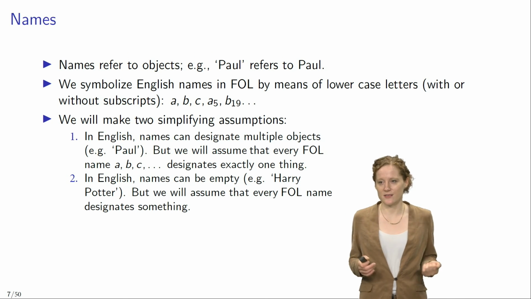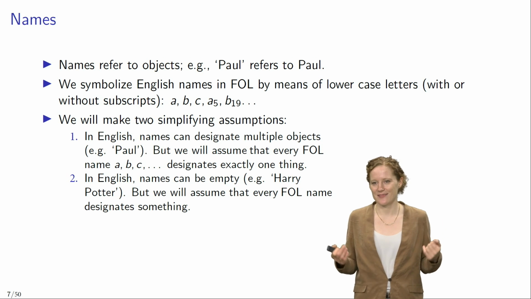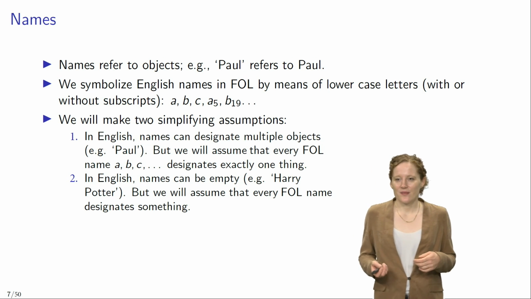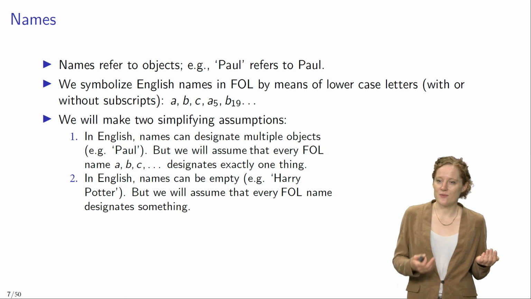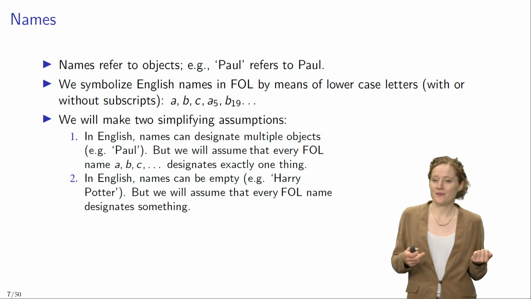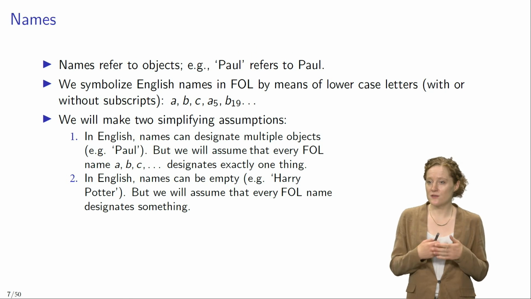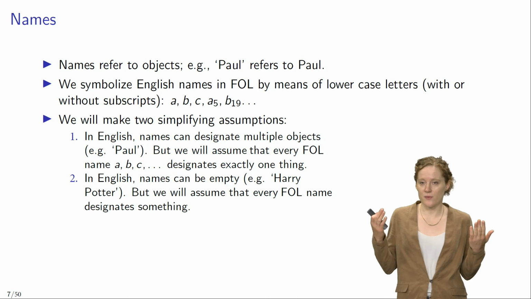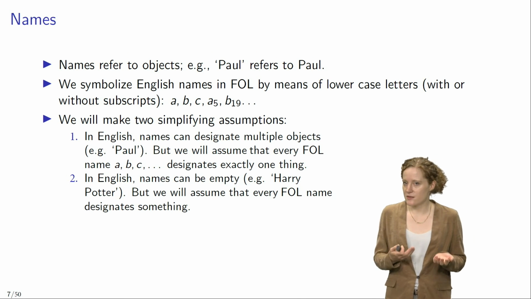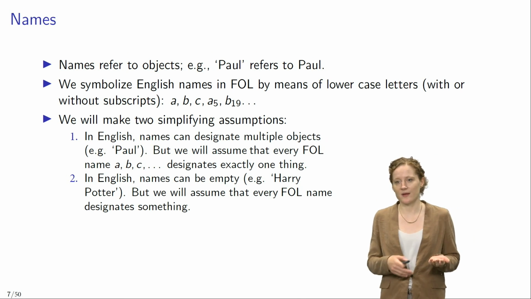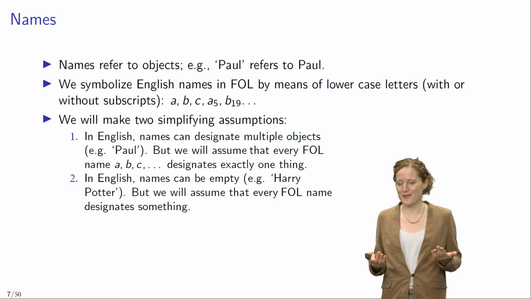The flying horse from Greek mythology doesn't exist. Now, we will, however, assume that every FOL name designates something. So if you see an FOL name, say A or B or C, you can assume that this name refers to something and is not an empty name. So these are our two simplifying assumptions about names.